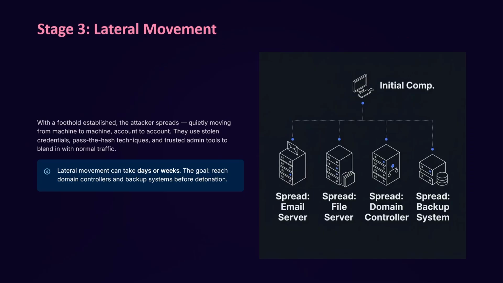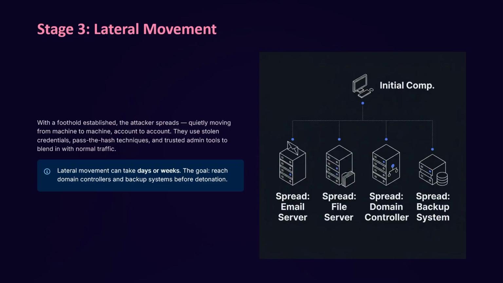Stage 3 is lateral movement. Now that the attacker has a foothold, they don't stay in one place. They spread, quietly moving from machine to machine, from account to account. They use what they already have: stolen credentials, trusted tools, techniques that look normal, nothing noisy, nothing obvious.